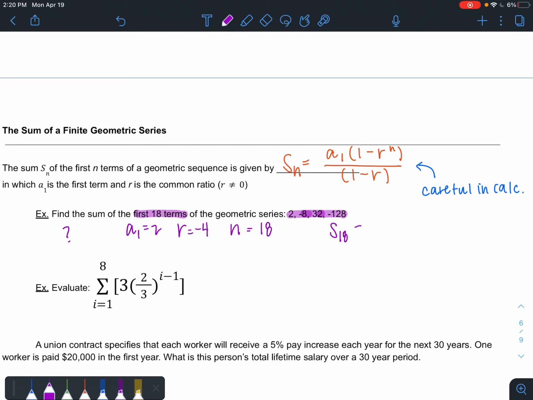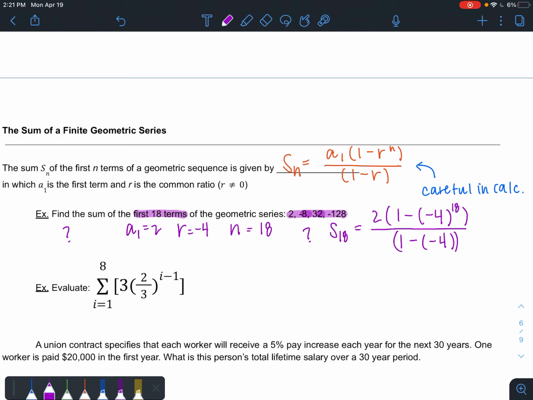So S of 18 is equal to 2 times 1 minus -4 to the 18th. We do not need that in parentheses. All over 1 minus -4. So you can type in your calculator just like that. You just need to make sure you close your parentheses.